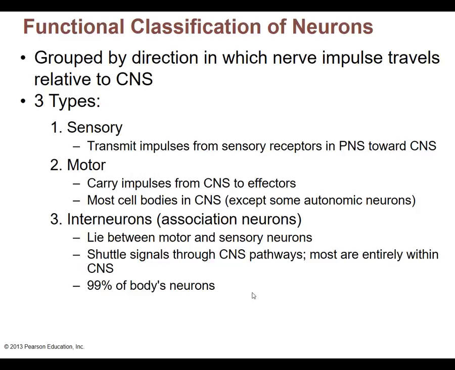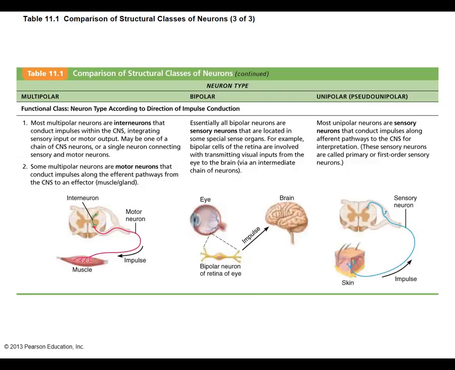This is showing that some of these can have different types of processes. This is looking at structural classes of neurons. We've got a motor neuron that can send to muscle. We've got sensory information that can go from eyes to the brain, and more sensory information that can go from skin to the brain. Some of these can go back two different ways, or have different extensions on it.